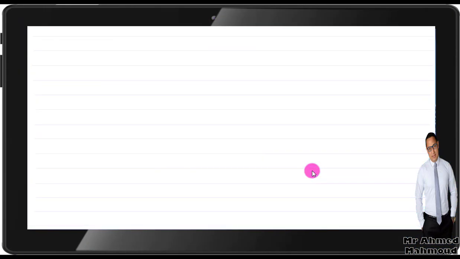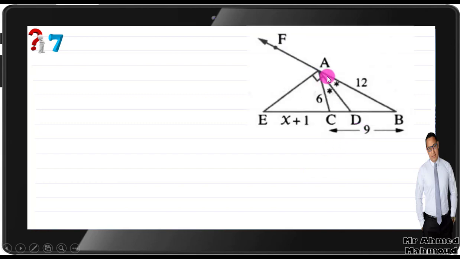Now number 7. In this question we have triangle ABC. This is the main triangle ABC. In this triangle AD bisects angle A internally and AD is perpendicular to AE, so AE is the external bisector.